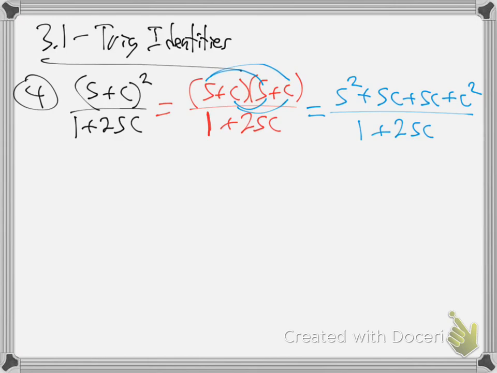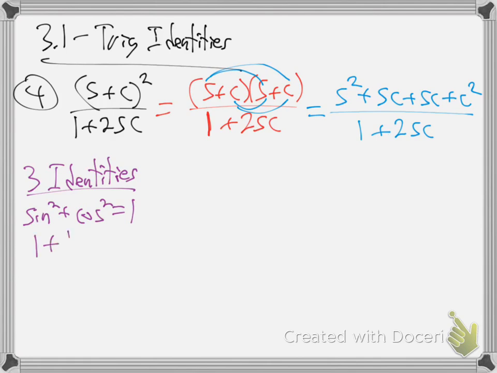Now there are 3 trig identities that we just use a lot. Do you remember the Pythagorean identities, is what they call them? The first one is sine squared plus cosine squared is 1. That one comes up a whole lot.